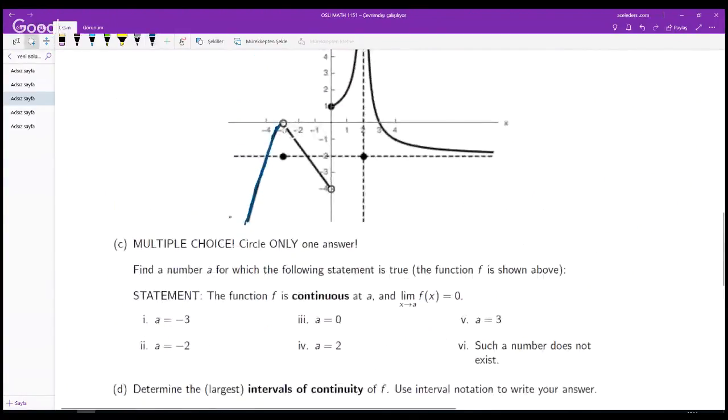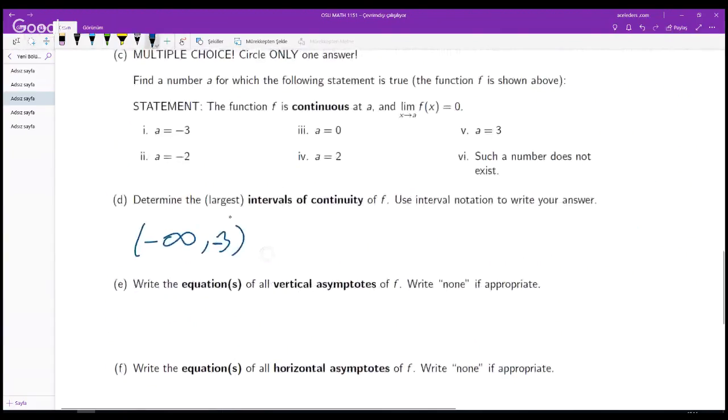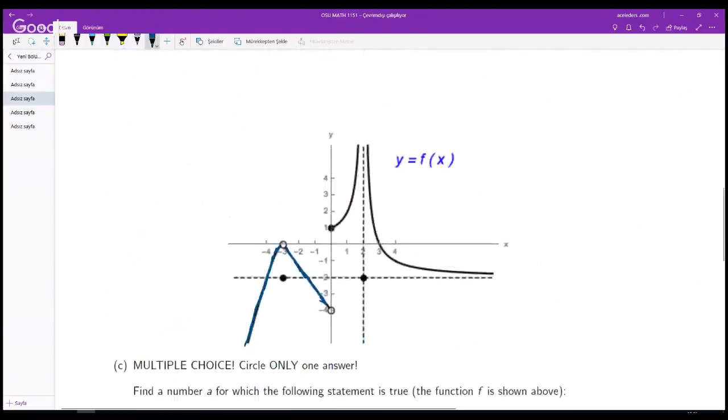The second continuous line segment is from minus 3 to 0. So this is the second continuous line segment.